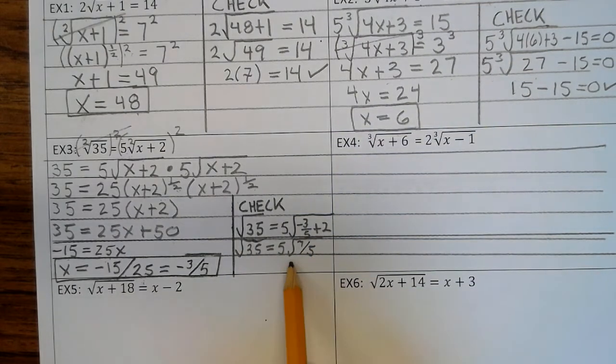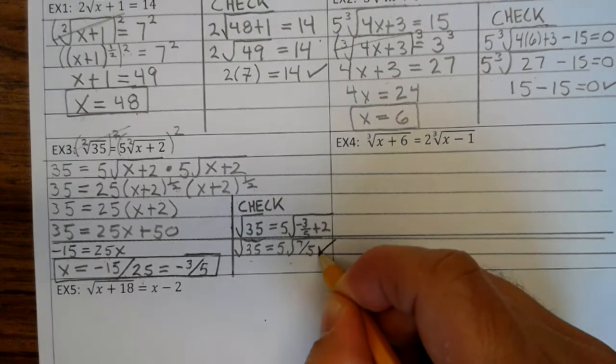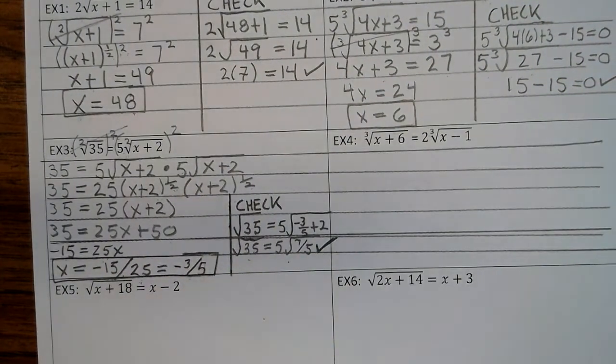If you put this in a calculator, you'll see that they both equal the same number, so this checks. So x equals negative 3/5 is the solution.